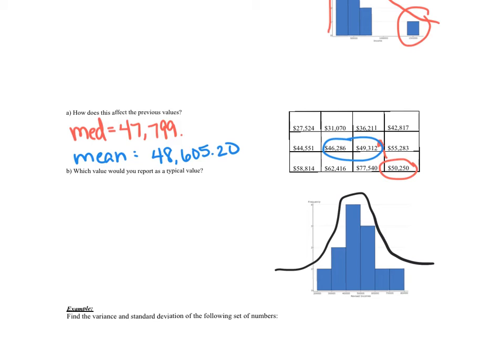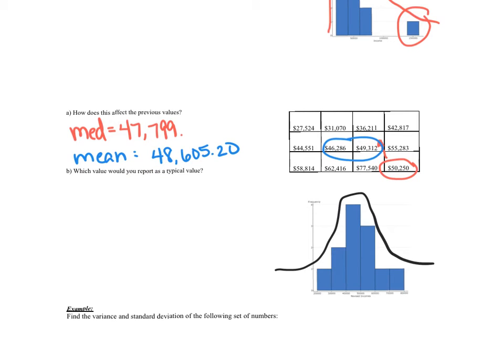And that's because, how did we find the mean? We found the mean by adding up all of these values and then dividing by the total. That means every value had a contribution towards this particular distribution. The median itself, $47,799, is not even a value in the data set right now, so we don't really want to use it if we don't have to. And we don't have to because these values are fairly close.